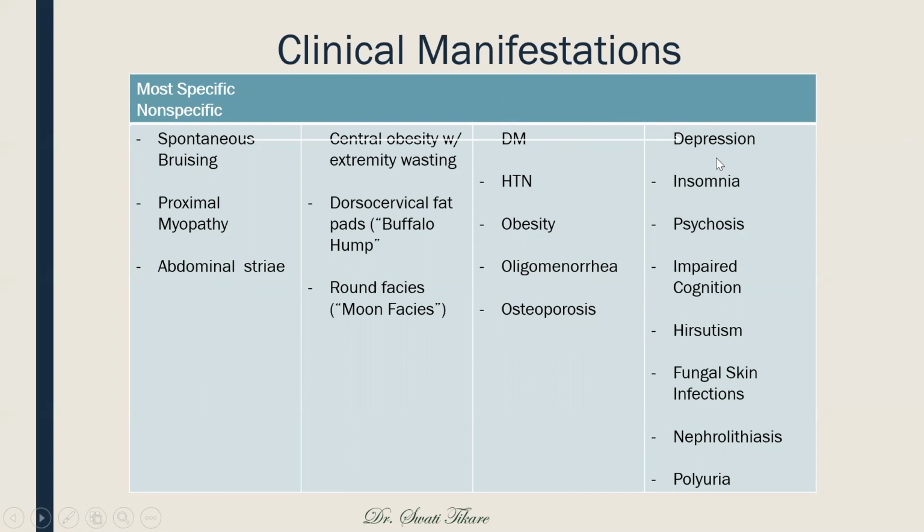And further, the less common symptoms are depression, insomnia, psychosis, hirsutism. Hirsutism is the appearance of facial hair in females. Okay, so that could be there, and some other uncommon conditions could be there. So we could identify a lot of these features in our findings in our case study, right?